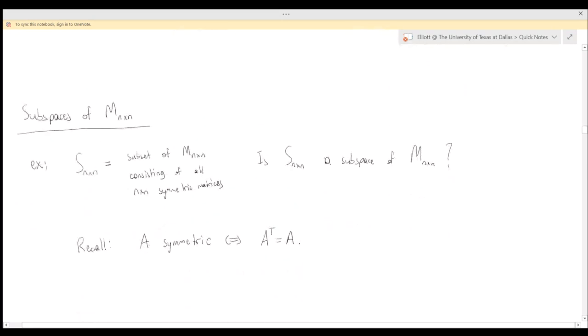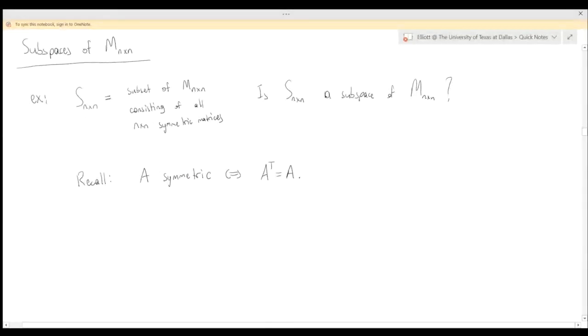If you remember in my examples, there is always a condition that needed to be satisfied to be within the set, like the x plus y equals 2 type of condition. Here for a symmetric matrix, the condition is that A transpose must equal A.